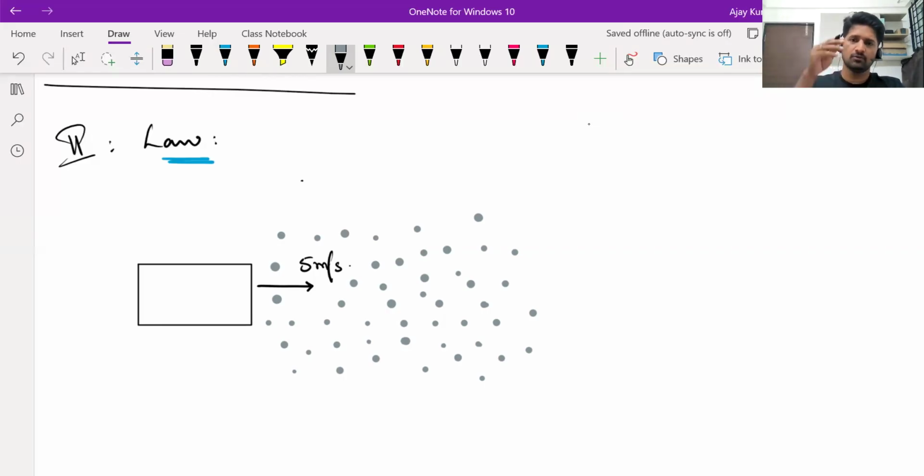Now, if you want to make the block maintain that speed, what can you do? Vanilla will say we'll remove the dust. But no. What else can you do? Dust is there, but the object has to continue going with the same speed, same velocity. What can be done? Or what should be done?